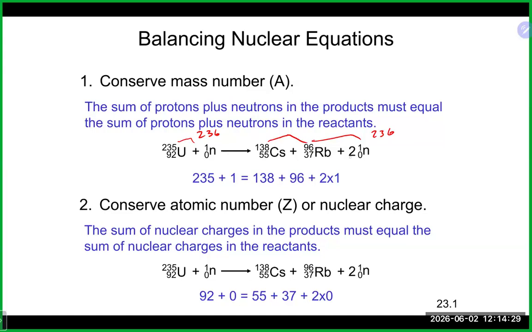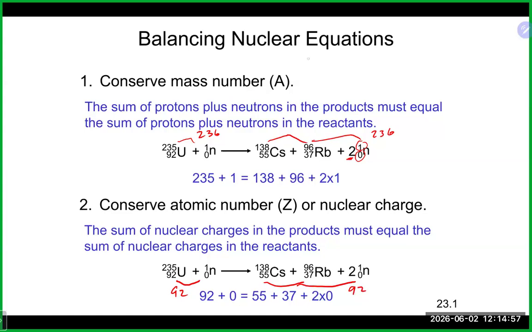By the way, as you can see here with the coefficient, you do have to multiply the numbers by the coefficient, because you have two neutrons in this particular case. The other way that we balance it is by atomic number. Same idea: when you add up all the atomic numbers on the left-hand side, they need to equal all the atomic numbers on the right-hand side, and then you will have a balanced equation.